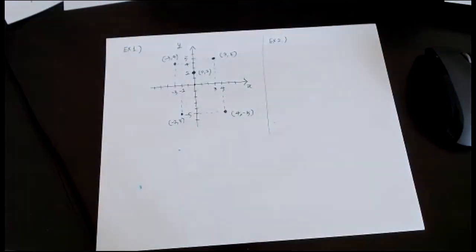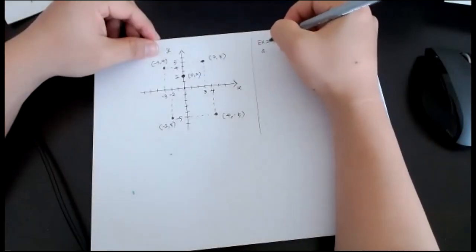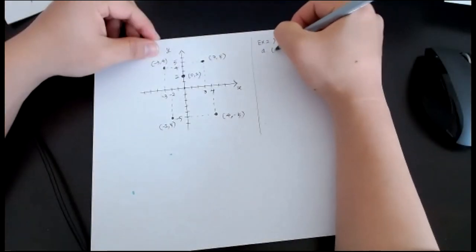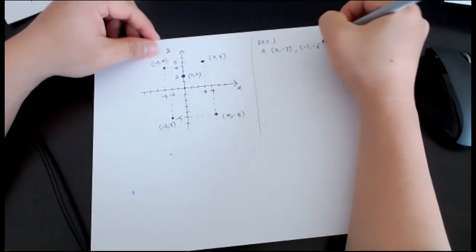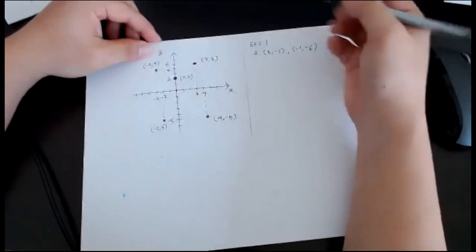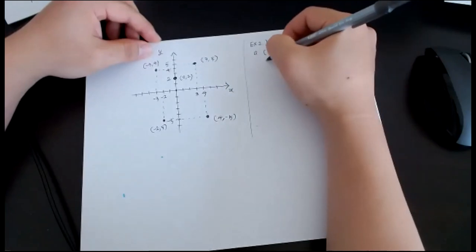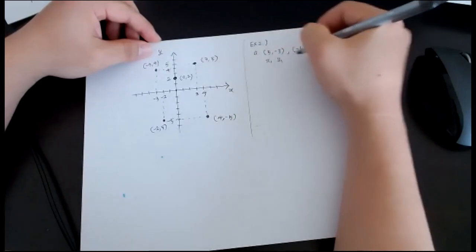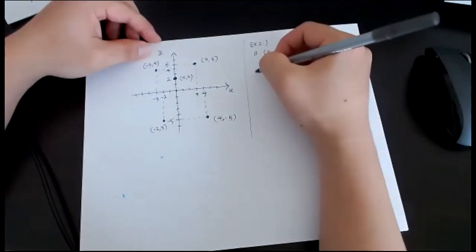Two sub-questions are given. The first sub-question is (5,-3) and (-1,-6). Yeah, we can say this is x1, y1, and this is x2, y2. Then d is going to be what?